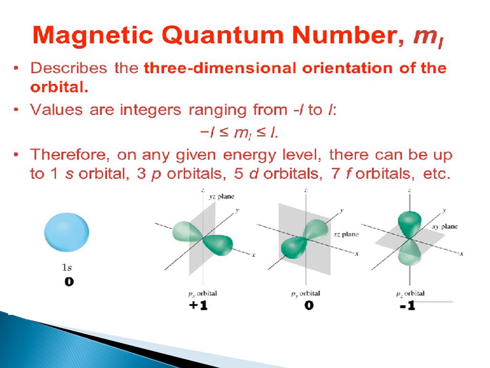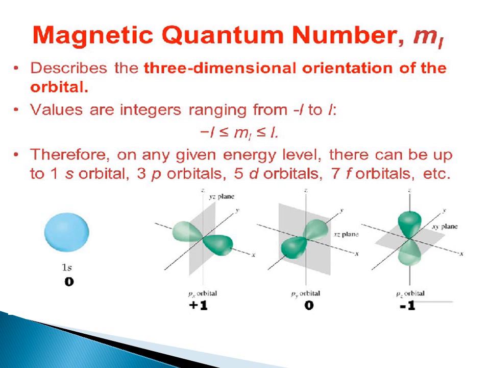Now, here the coordinate XYZ three-dimensional framework of s orbital and p orbital we have represented in this sheet. Here the magnetic quantum number is described as the three-dimensional orientation of orbitals. Its value is already stated to you, -l less than or equal to m less than or equal to +l.